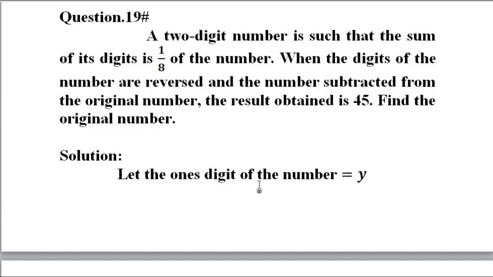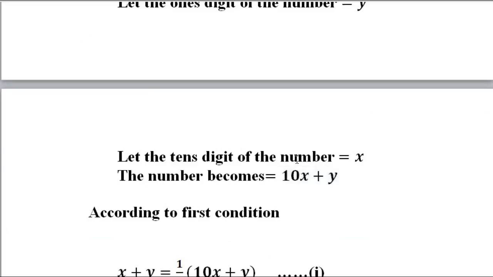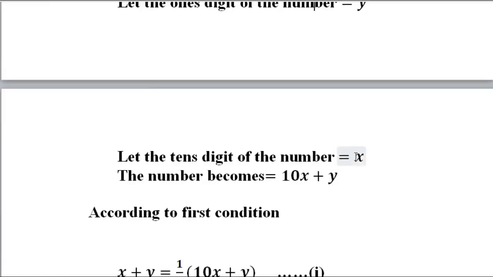For a 2-digit number, let's take the ones digit of the number as y and the tens digit of the number as x. The number becomes 10x plus y. Here 10x shows the tens digit of the number. Now, to understand the ones digit y and the tens digit x, take a look at this example.